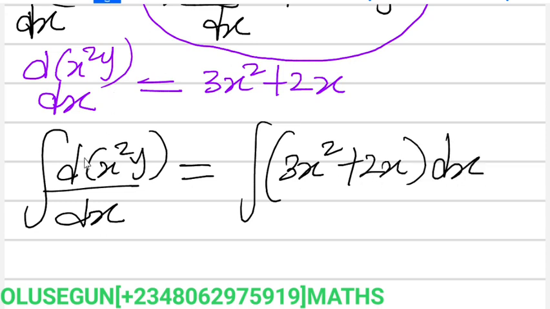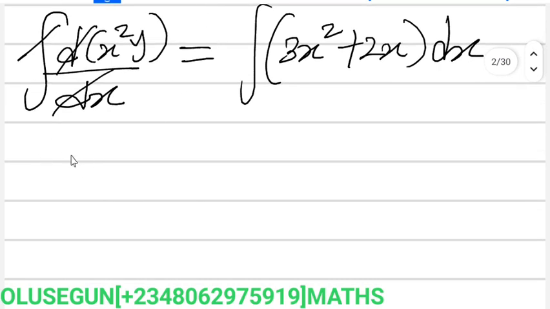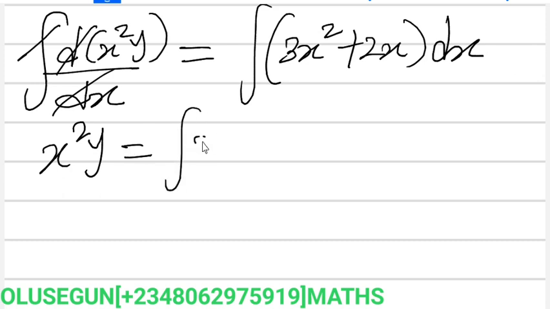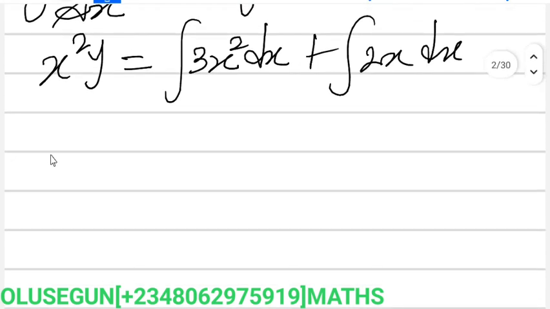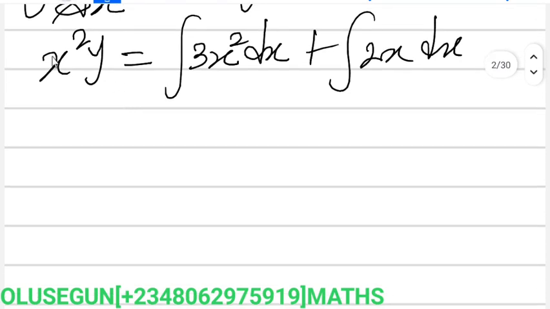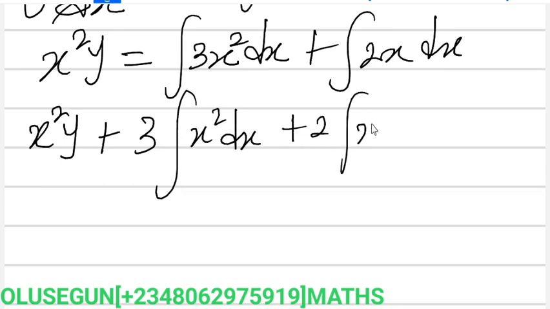For integrating both sides, this integration will cancel this. That is all the meaning. So it will now give you x squared y is equal to the integral of 3x squared dx plus the integral of 2x dx. Bringing the 3 out, we have 3 times the integral of x squared dx plus 2 times the integral of x dx.